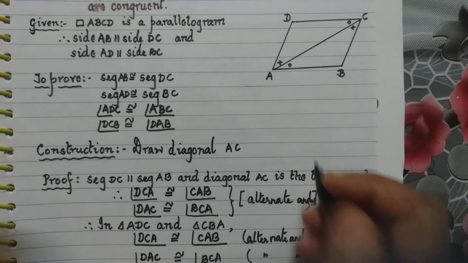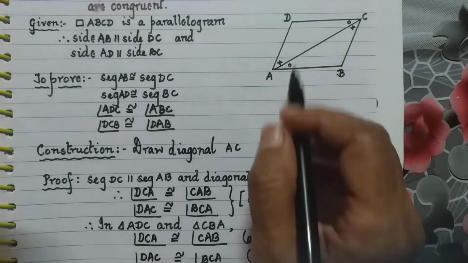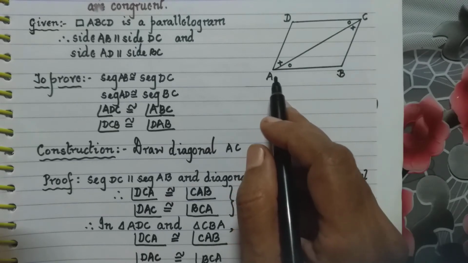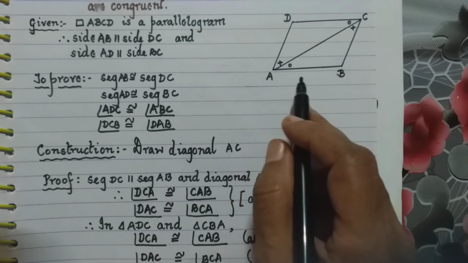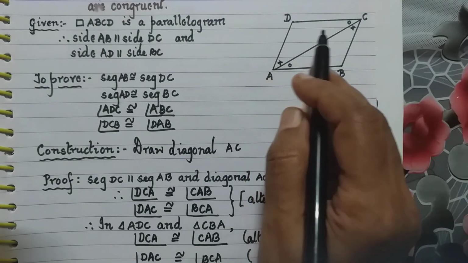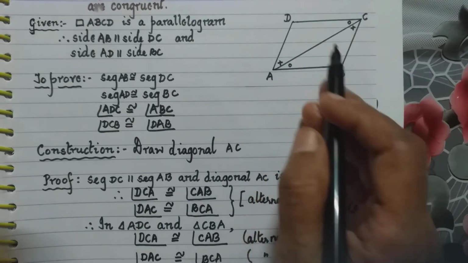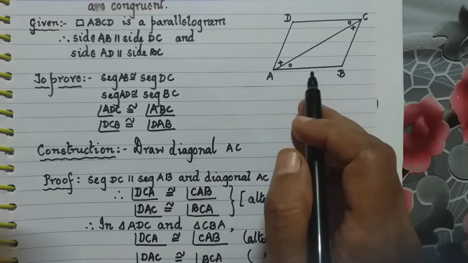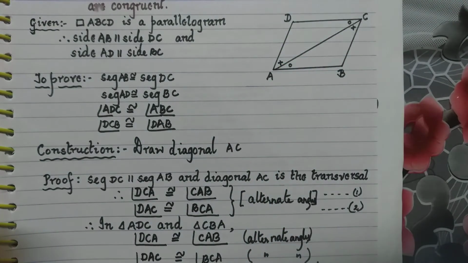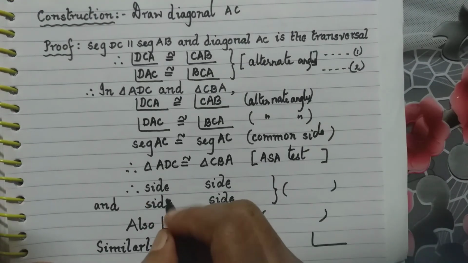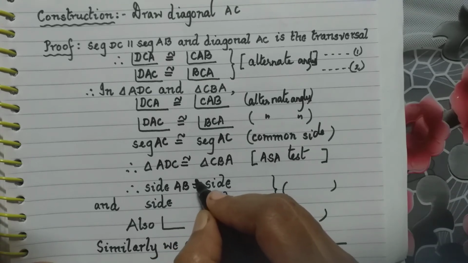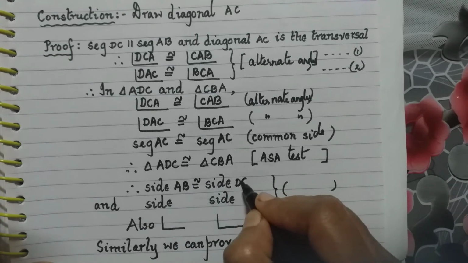Now once we say that these two triangles are congruent, we can see which are the corresponding sides which are congruent to each other. You see here in this parallelogram, if I name side AB, then the corresponding side is side DC. Either we say side CD or side DC, it is the same. So, therefore side AB is congruent to side DC.